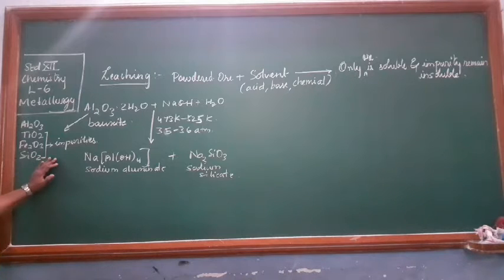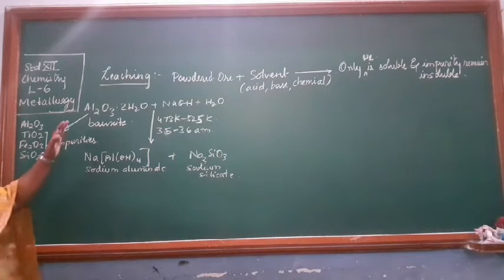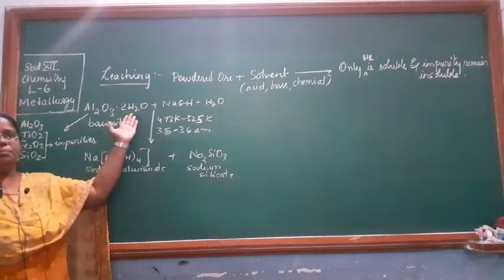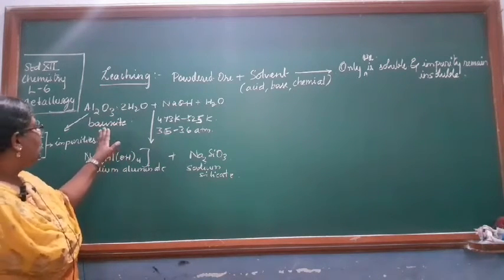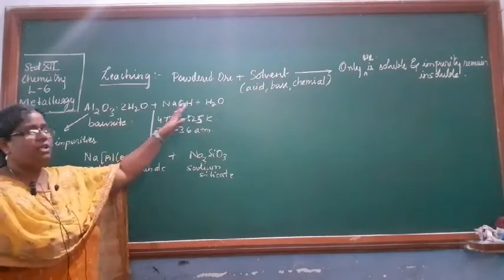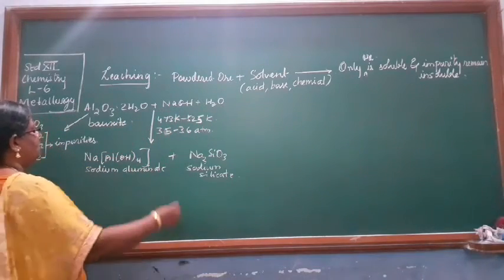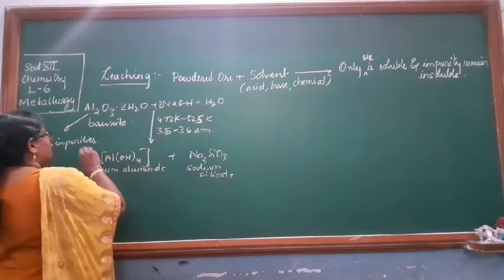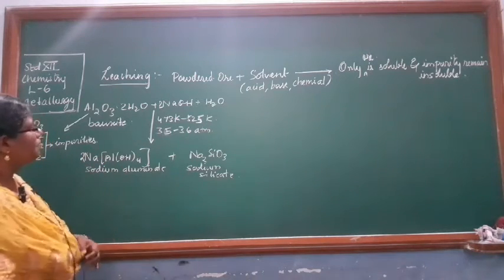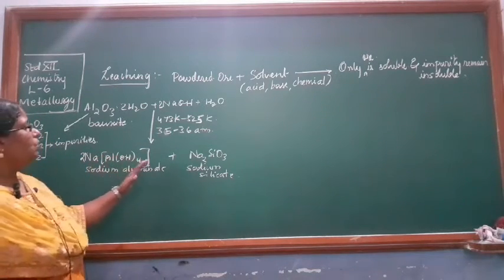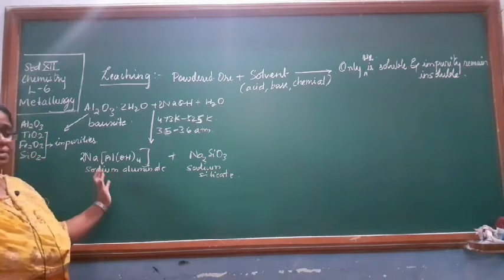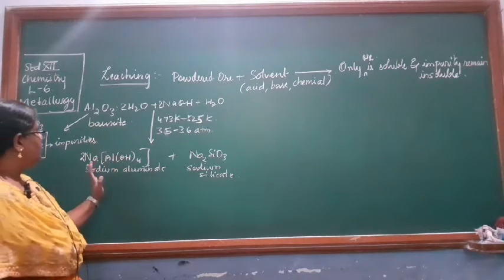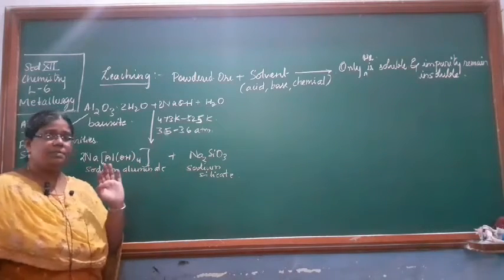So when you treat the hydrated form of aluminium oxide called bauxite with NaOH and H2O, you can balance it because 2Al hai.